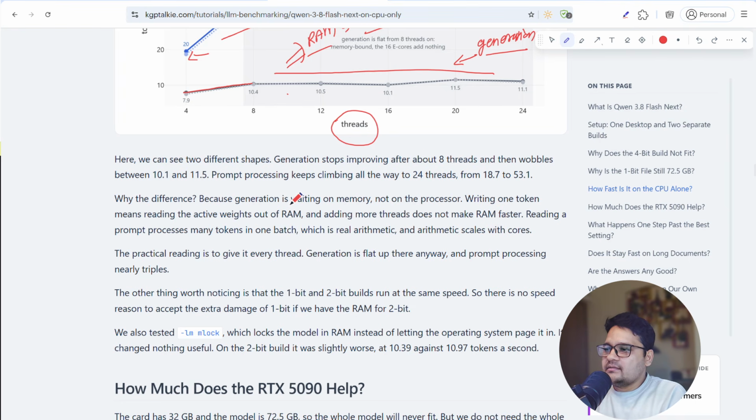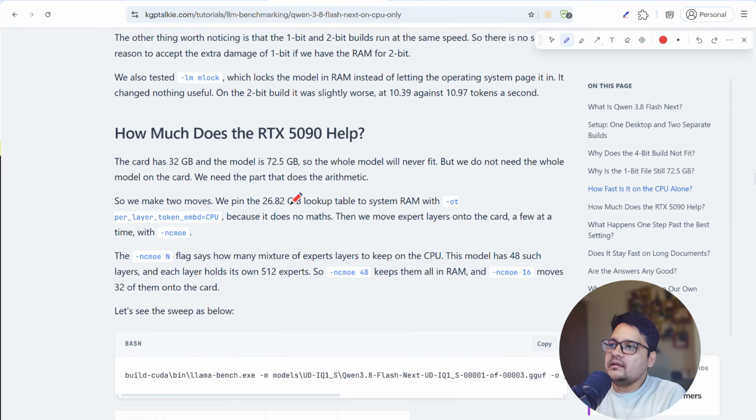Okay, having said that, let's go ahead and see how this RTX 5090 is going to help us. I guess till now you must have got the idea that the generation speed is not limited by the CPU computation, but by the RAM speed. So in RTX 5090, whatever memory it has, 32 GB, is known as VRAM. This VRAM is very fast.